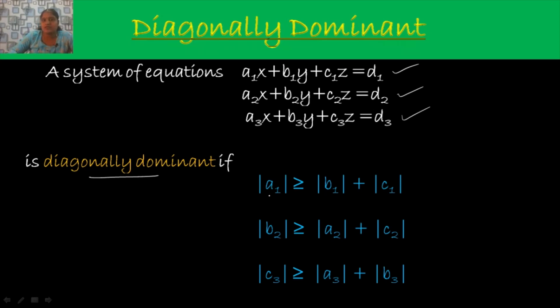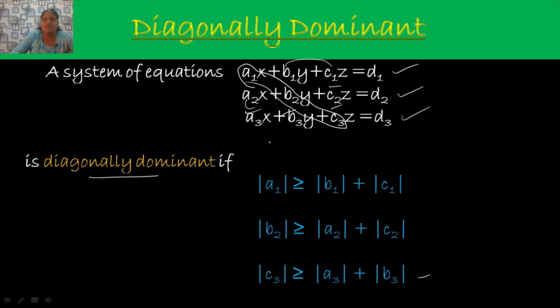That is, the absolute value of a1 is greater than or equal to the absolute value of b1 plus the absolute value of c1, the absolute value of b2 is greater than or equal to the absolute value of a2 plus the absolute value of c2, and the absolute value of c3 is greater than or equal to the absolute value of a3 plus the absolute value of b3. This means the absolute value of each principal diagonal element is greater than or equal to the sum of the absolute values of the remaining 2 elements in that row.